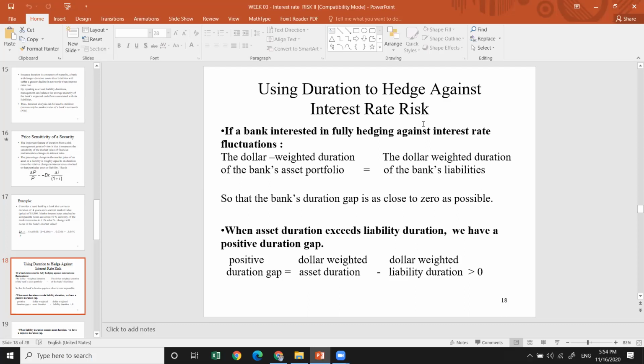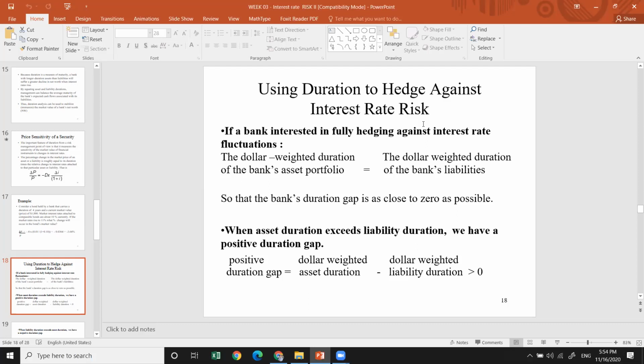So they should be exactly the same in order to make zero difference between the asset and liability in terms of maturity, more specifically in terms of dollar weighted duration, so that the bank's duration gap will be zero, or as we can say, it will be immunized. So any changes will not have any effect on both sides. So you will not gain any profit and you will not incur any loss in here.